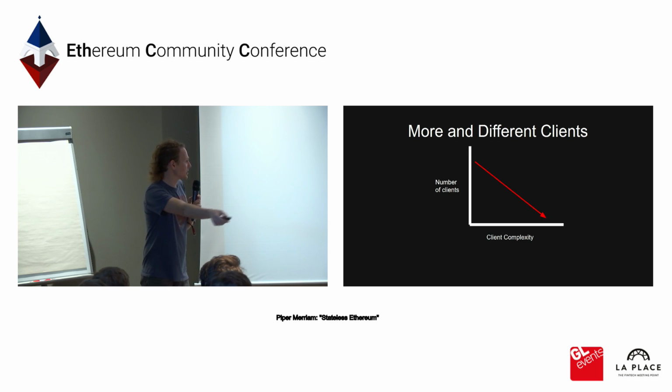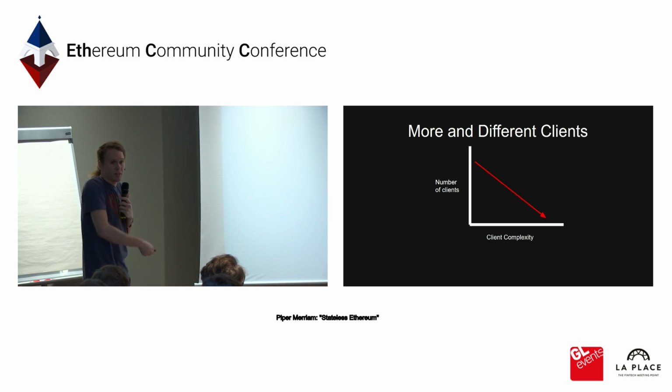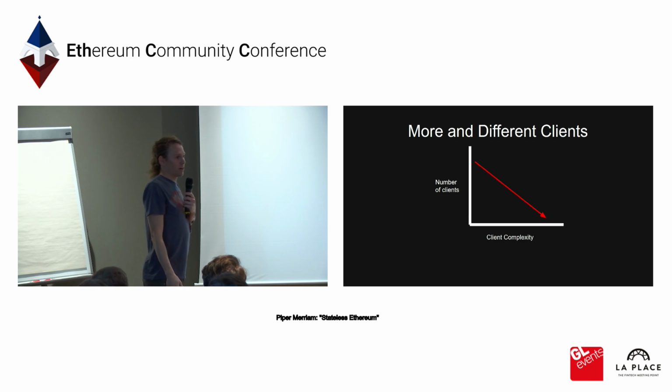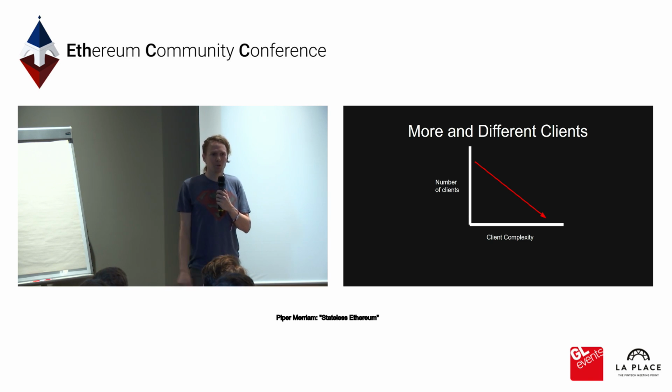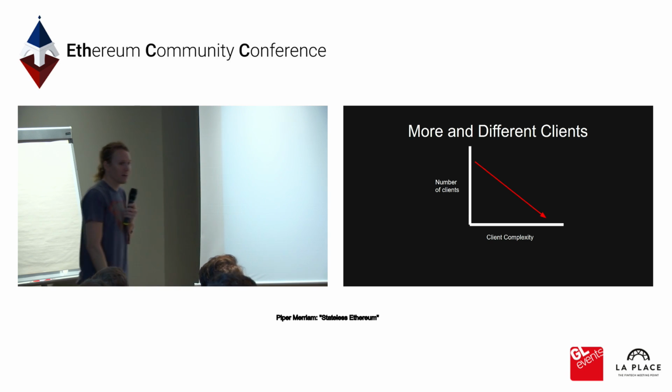When client complexity is high, we don't see a lot of clients. We've lived in the Geth and Parity show for a long time, and now we live in sort of the Geth show. And that sucks. I've been trying to put a client on the network for 3 years now, and we're only just getting to the point where we're almost on the network.